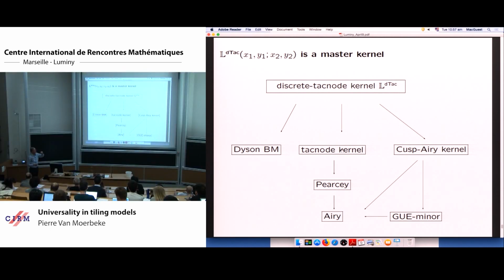So that's where Kurt and Mark wanted to pursue this project. If we can show all these arrows here, then we really have a master kernel for all these problems. In a way, you might say that's the end of the story.